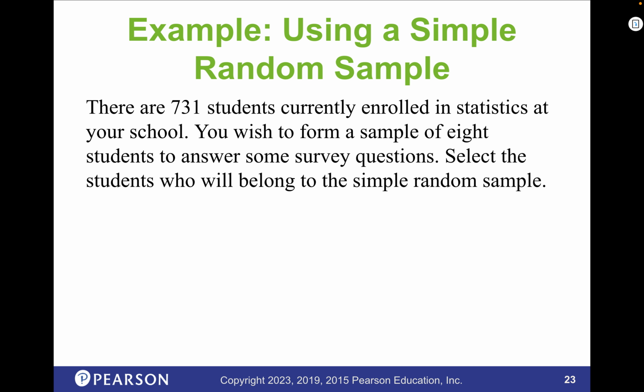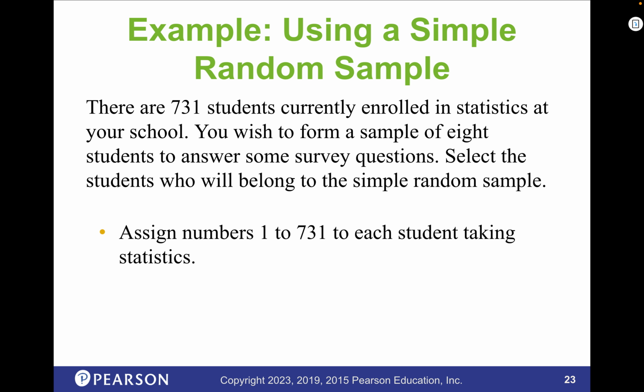So there are 731 students currently enrolled in statistics at your school. It's probably pretty close. You wish to form a sample of 8 students to answer some survey questions. Select the students who will belong to the simple random sample. The way you could do it is you assign each student a number, since there's 731, 1 through 731.